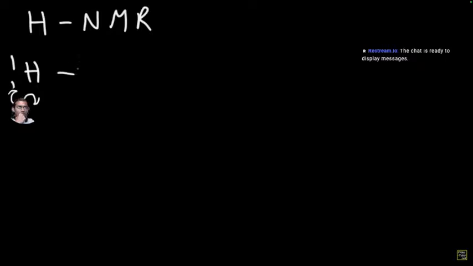Now, before we go into carbon 13 NMR, typically you'll learn proton NMR or H NMR. Hydrogen has a mass of 1. This is the most common form of hydrogen. There are isotopes of hydrogen like deuterium and tritium, but we're going to talk about this particular hydrogen atom. It has only 1 proton, no neutrons.